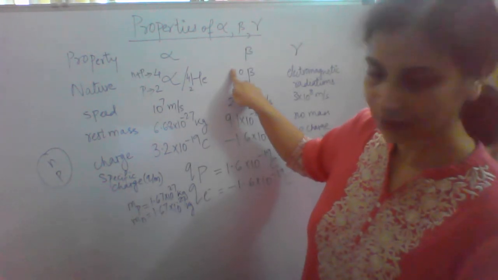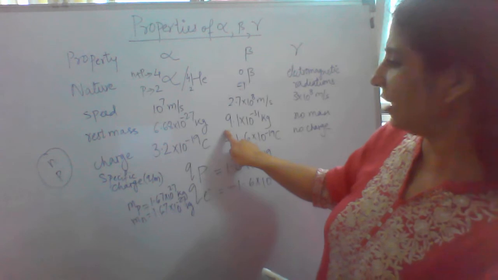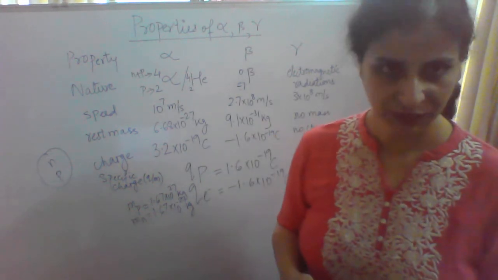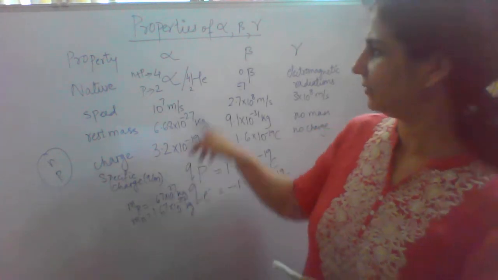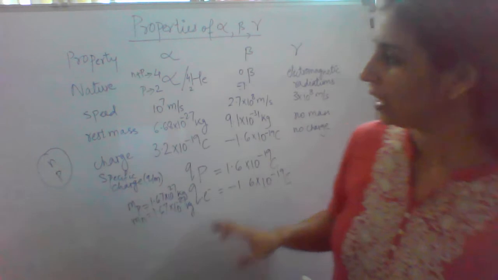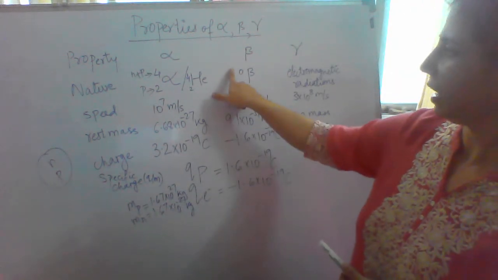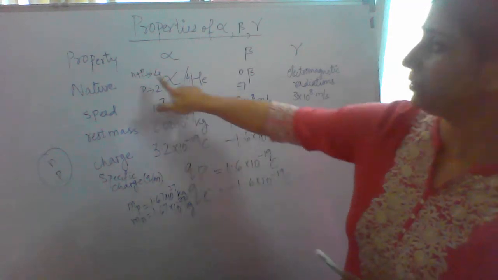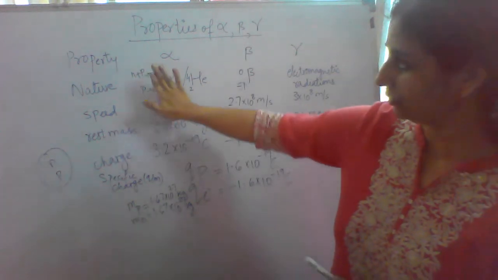There is no mass, because the mass is very negligible. 9.1 × 10^-31 kg is the mass of a beta particle, which is very negligible compared to alpha, so we write it as 0. What about the charge? Please don't write neutron plus proton plus proton; that was for alpha.